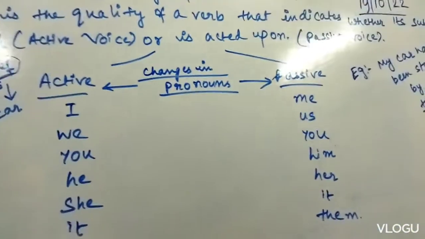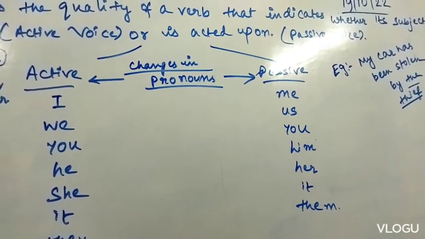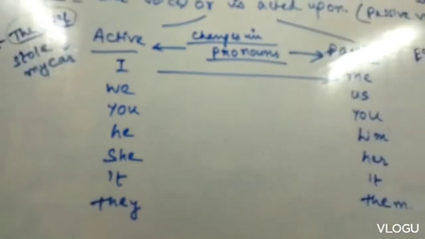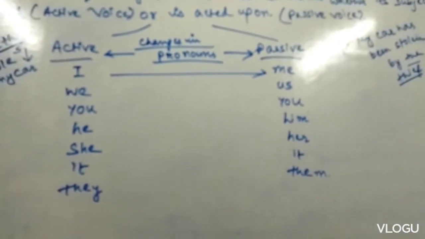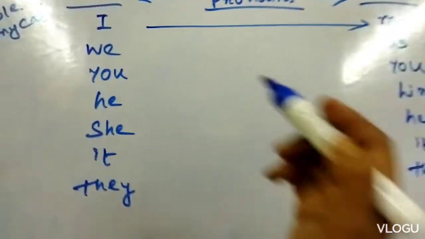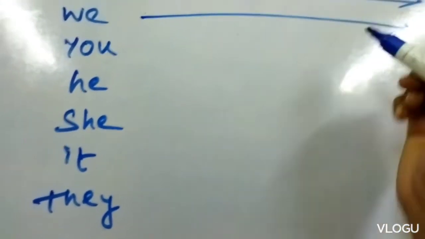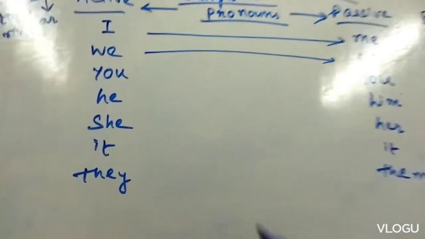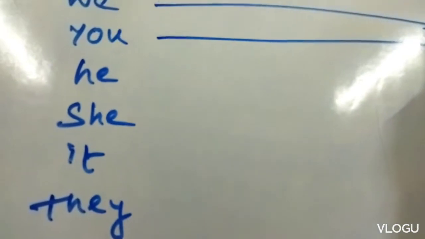When we see that we have I in active voice, when we change it into passive, it becomes me. I changes to me. Now when we have we in active voice, in passive voice it becomes us. We changes to us. And in this way, you remains same as you.